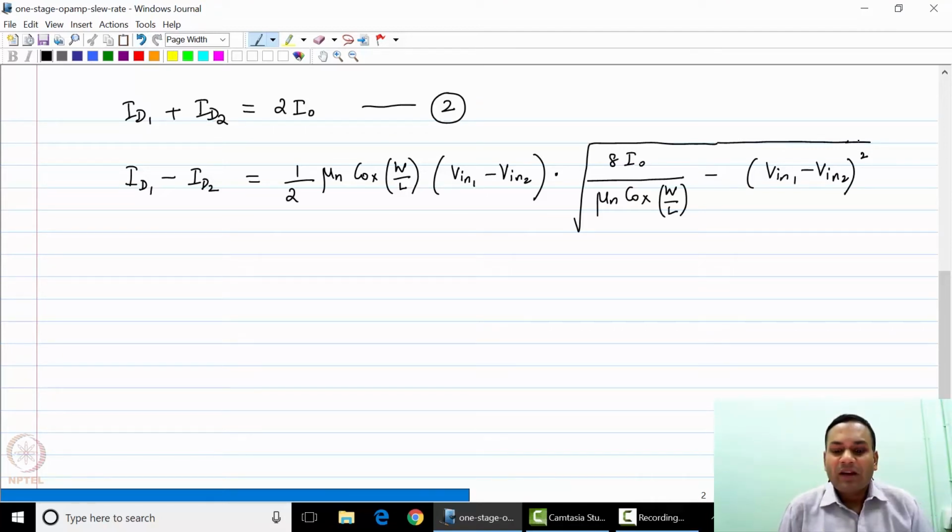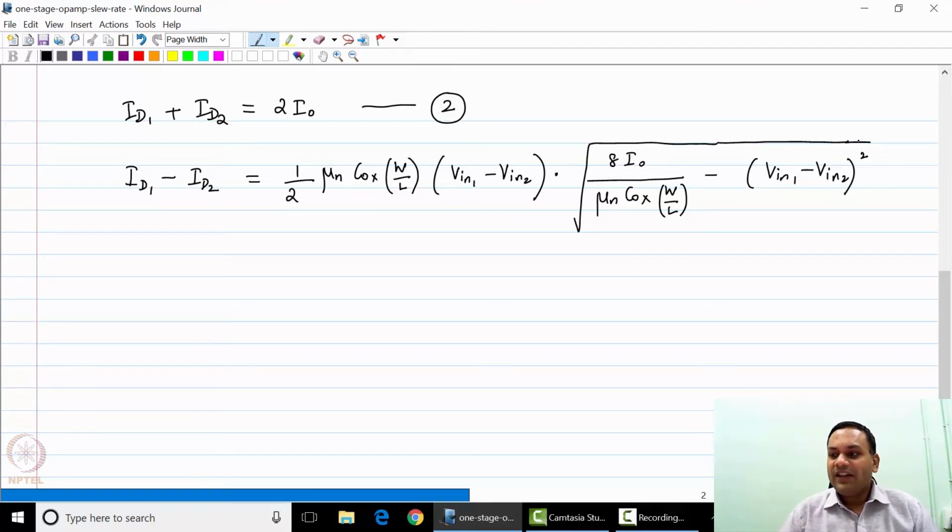So clearly ID1 minus ID2 is an odd function of V in 1 minus V in 2. Now what happens when V in 1 minus V in 2 is 0? If that happens, clearly ID1 should be equal to ID2, which means they are both equal to I0. So this equation is clear on that.